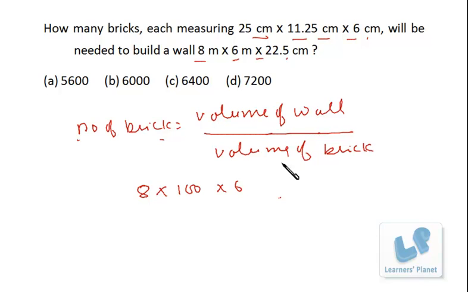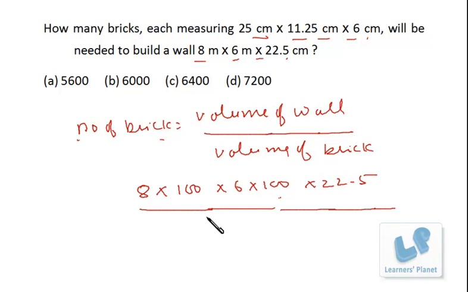Then 6 meter is width, so 6 into 100 centimeter, then it is already in centimeters. So this is length into breadth into height, and all of them are in centimeters, right? Now what is the volume of a brick? That volume of the brick is 25 into 11.25 into 6, right? So just simply solve it, you'll be getting your answer.